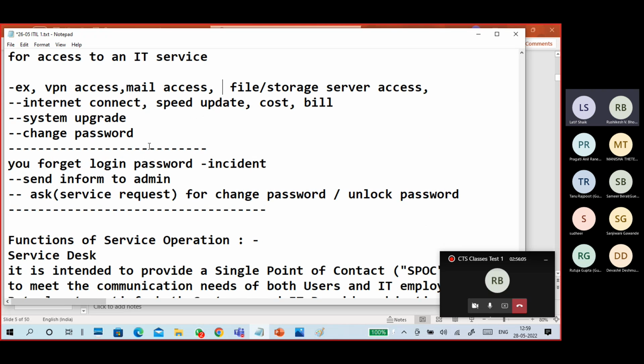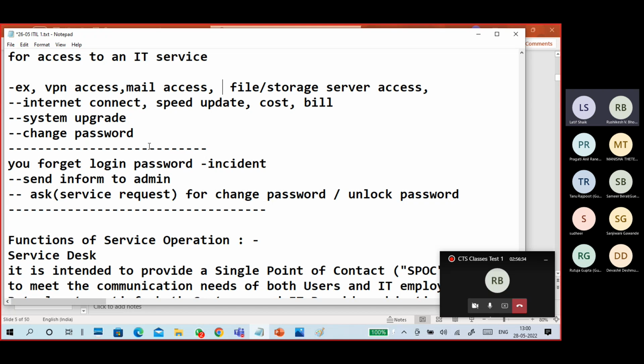Okay, I explained multiple examples already, but you can also take this one: if you forget how to log into the system, you forget your password, what will you do? You will send the information, so then it will change your password and unlock it, and you can log in again.